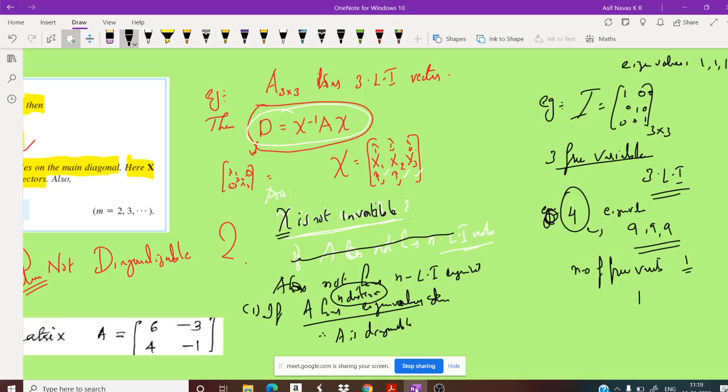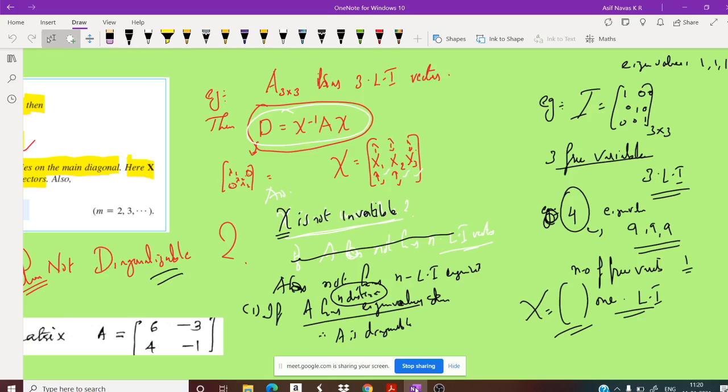So we got only one linearly independent eigenvector, and in this case we cannot form X. So if the number of free variables is less than the number of repeated eigenvalues, then we may not get sufficient linearly independent eigenvectors. Therefore, that matrix is not diagonalizable.